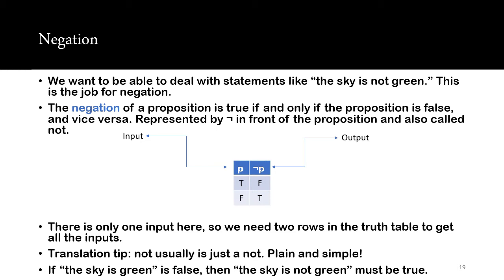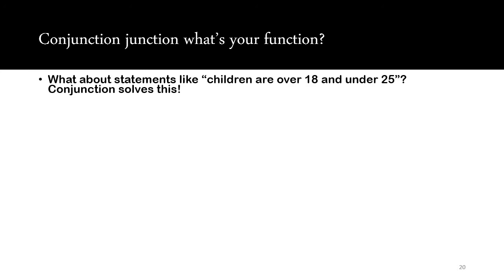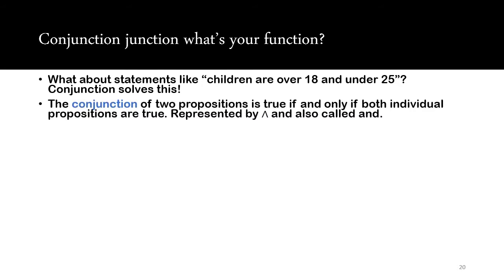Now, we're going to have to deal with something crazier, something with 2 inputs. So, what about statements like children are over 18 and under 25? Conjunction solves this. The conjunction of 2 propositions is true if and only if both individual propositions are true.